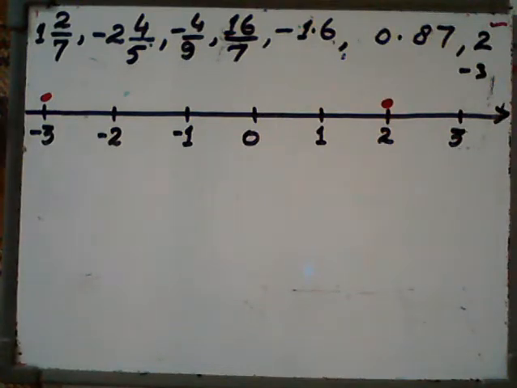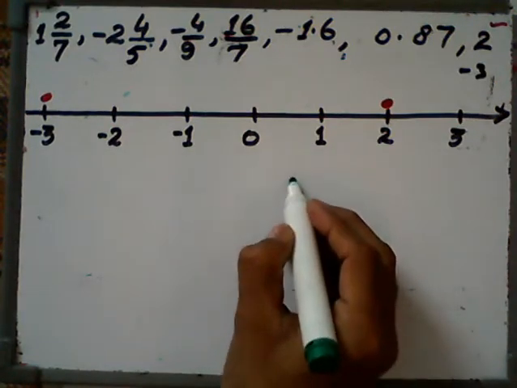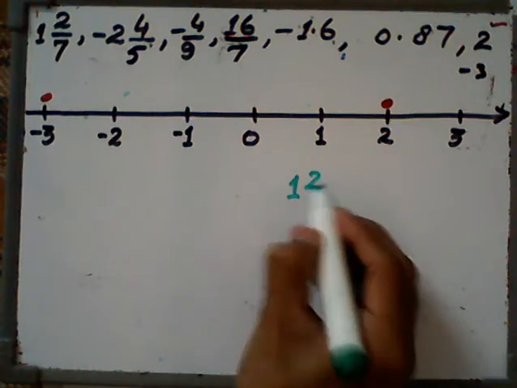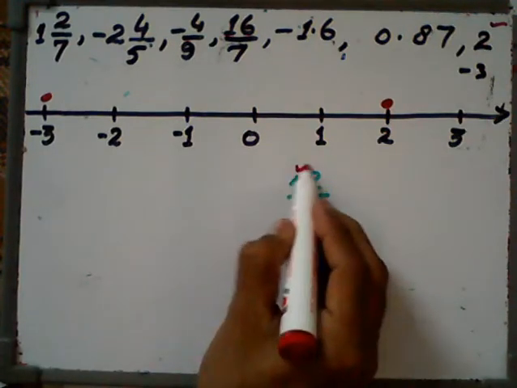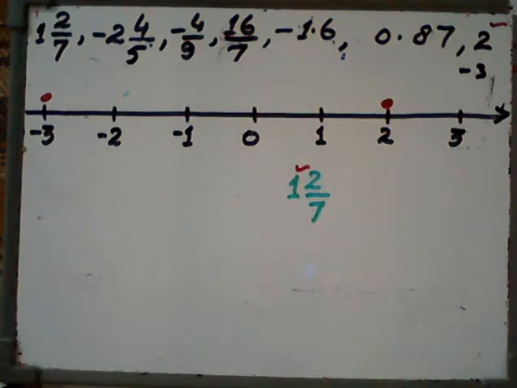In the mixed fraction you can see 1 whole 2 by 7. This number contains 3 parts. I am writing this number here, 1 whole 2 by 7. It has 3 parts, and the first part is the whole number.